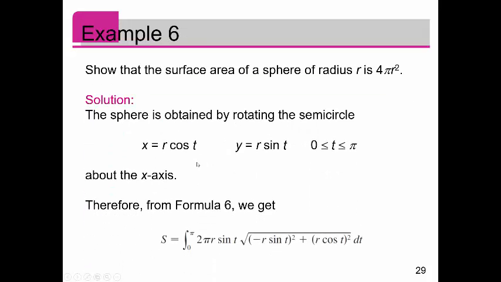So this right here is the derivative of x with respect to t, and this right here is the derivative of y with respect to t. So we just have to clean all this up, and hopefully you've done enough trig calculus here where you can see where this is going, and you can see that this is going to get us r squared sine squared plus r squared cosine squared, and that's just going to be r squared, and then the square root is just going to be r.